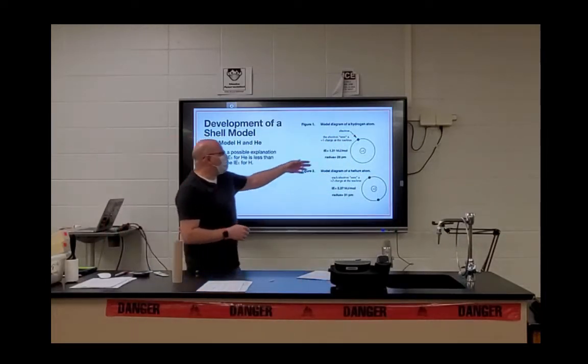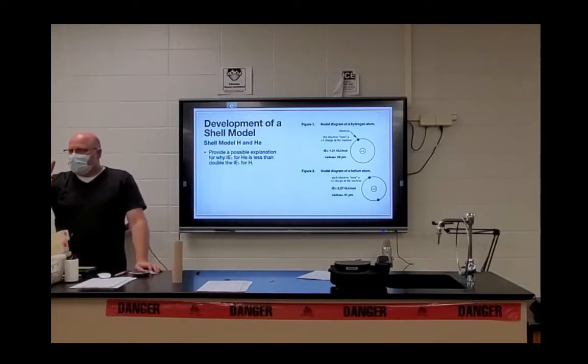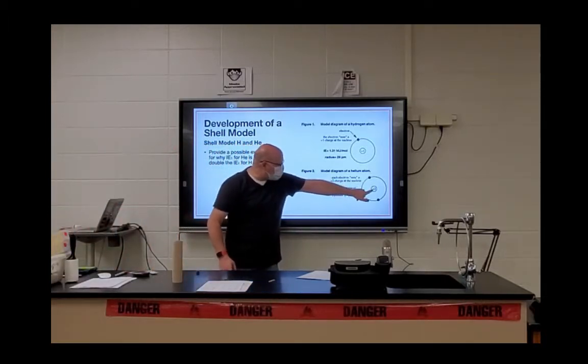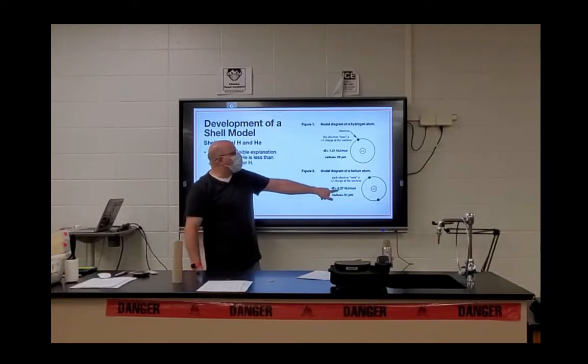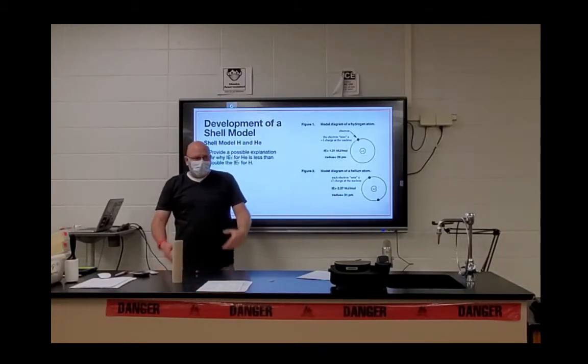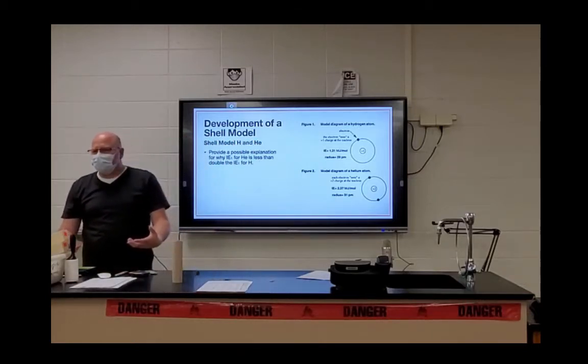Now, as you can see, that's not the case. And one of the reasons we gave was what? Distance. The distance between these electrons and the nucleus is larger than the distance between this electron and the nucleus. And if you increase the distance, you're going to do what to the attraction? Decrease it.